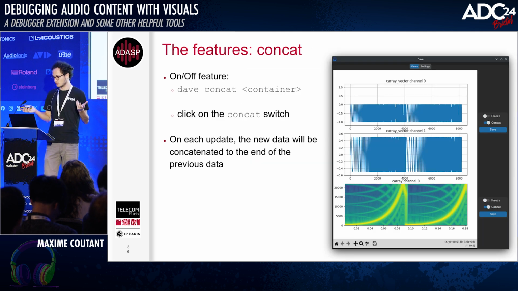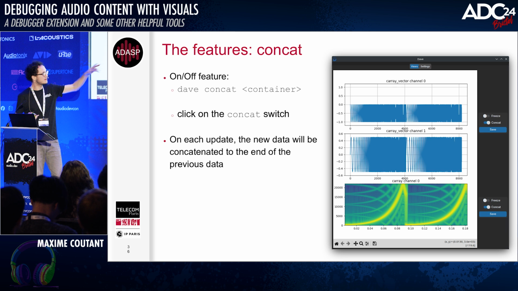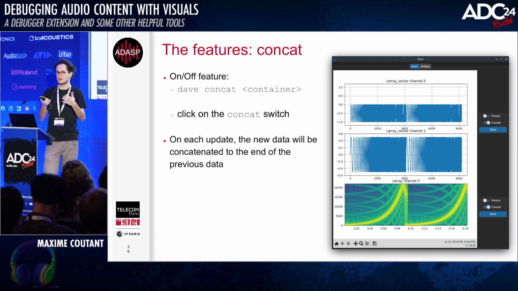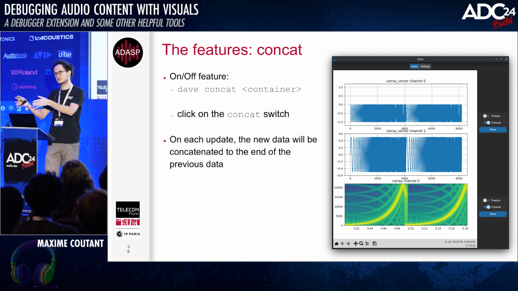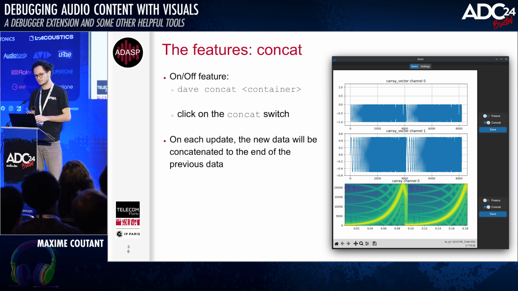Okay, a few more features. Let's get back to the view tab. You have this concat switch, and the concat switch relates to the concatenate feature. It's an on-off feature enabled per container. You could either use the Dave concat command or the switch, it's equivalent.